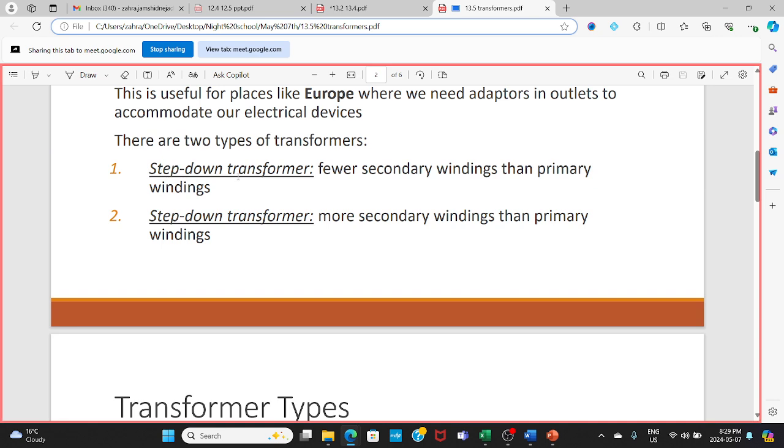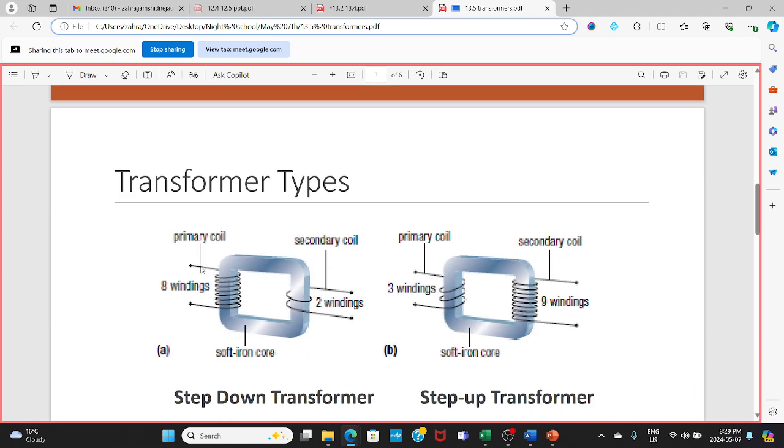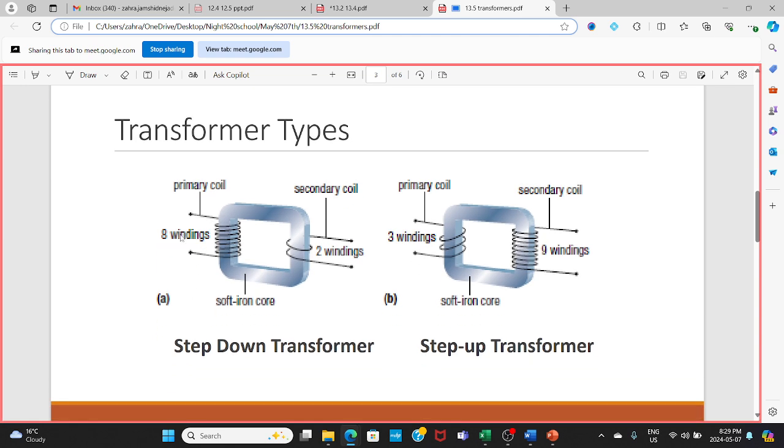So step down transformers have fewer secondary windings than primary windings. So this is the primary winding, right? Here. Primary winding is when you connect this one into, let's say, the outlets.